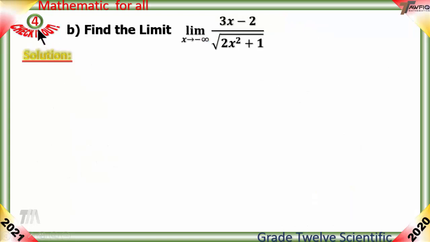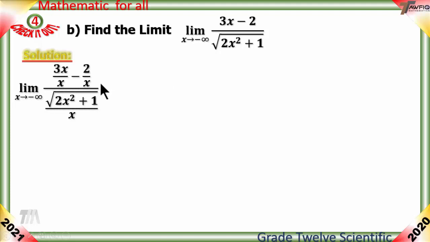Check it out. Number 4. B. Find the limit when x approaches minus infinity of 3x minus 2 over the square root of 2x squared plus 1. We can use the first way, which is like the limit when x approaches positive infinity, by dividing each of the numerator and denominator by x.